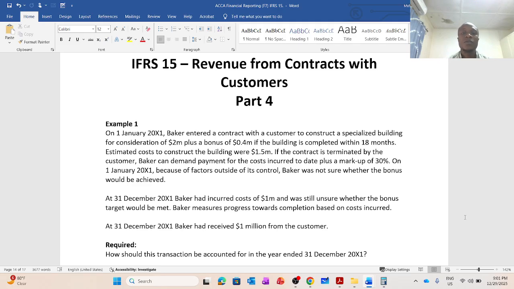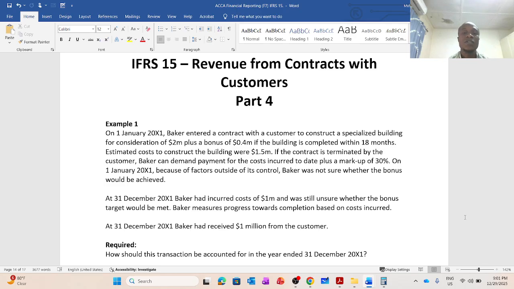Today, we are going to complete IFRS 15, Revenue from Contract with Customers. We have already covered the basic principle about IFRS 15, also the 5 stages for revenue recognition.